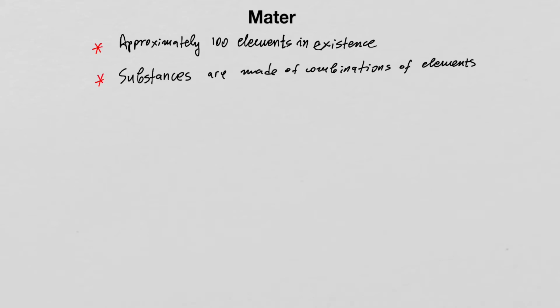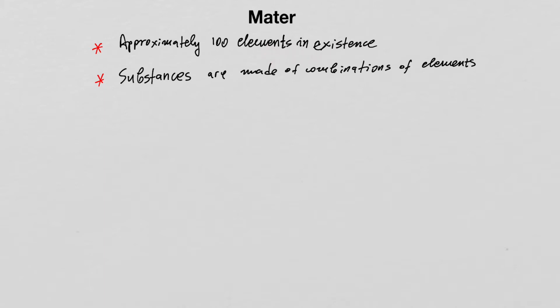In this lecture, I will discuss the four main states of matter, as well as some quantities that are used to describe matter. Matter is made out of combinations of elements. There are approximately 100 elements in existence that we know of right now.